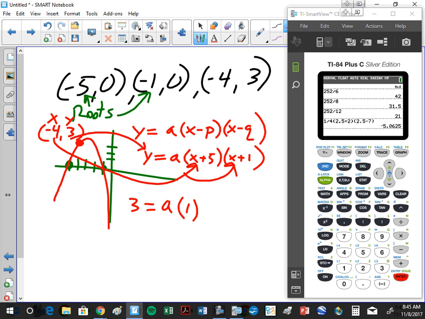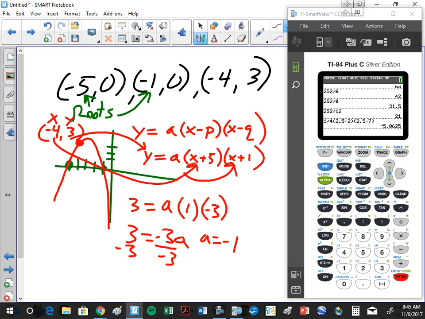What is -4 plus 1? -3. 3 equals, what is a times 1 times -3? -3a, and I divide by -3, and I get a equals -1.